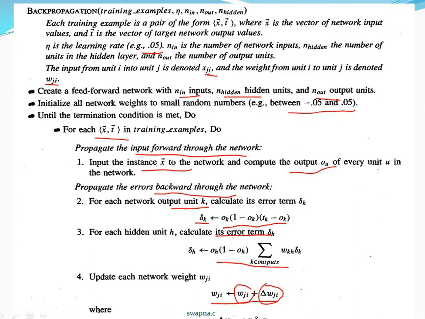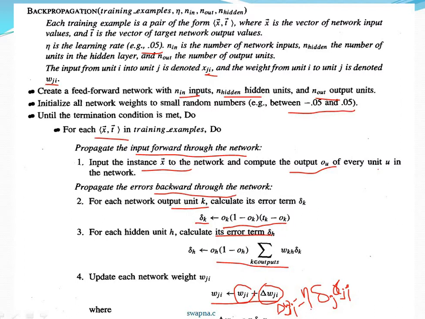Delta WJI is eta delta J XJI. This is the formula for delta WJI, where the input is from node I and J is the output node. Whatever update you require for that particular input signal, this is the formula.